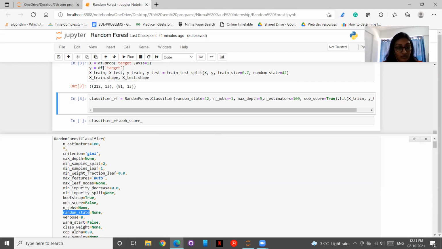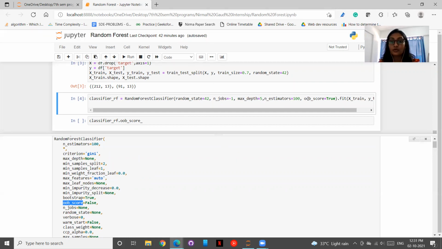Next is a very important one, which is the OOB score. OOB means out of the bag, since we are using the bagging ensemble technique. It is a random forest cross-validation method. In this, one third of the sample is not used to train the model, but is instead used to evaluate its performance. These samples are called out-of-bag samples.